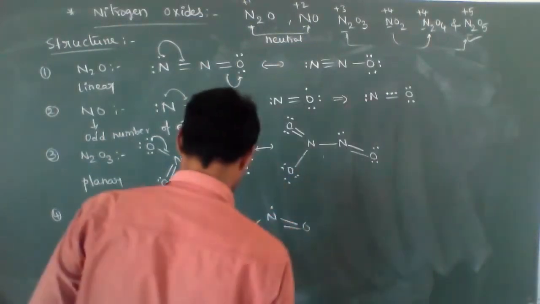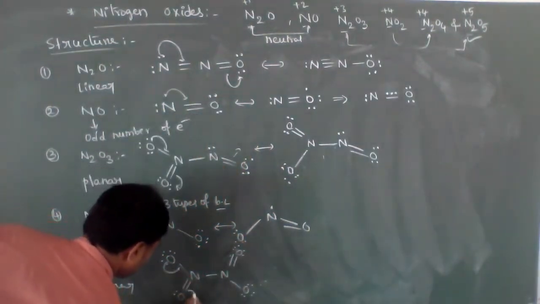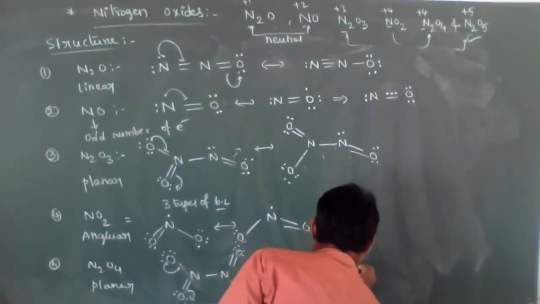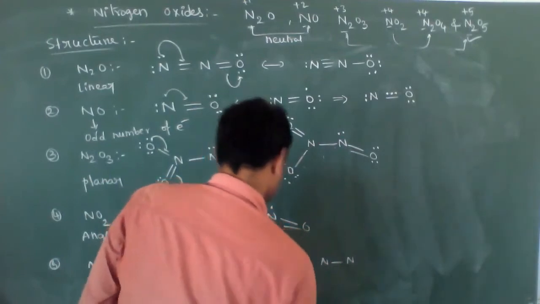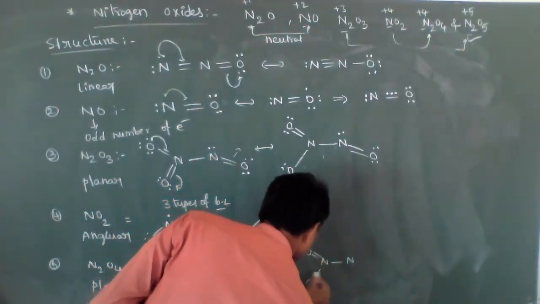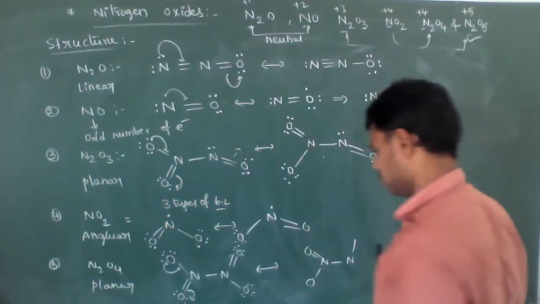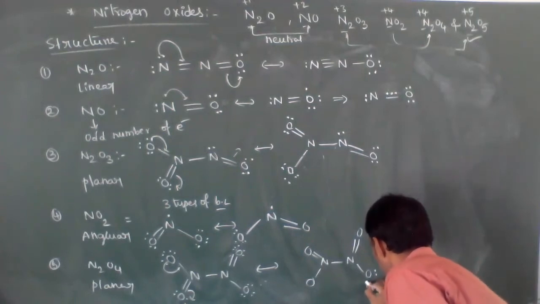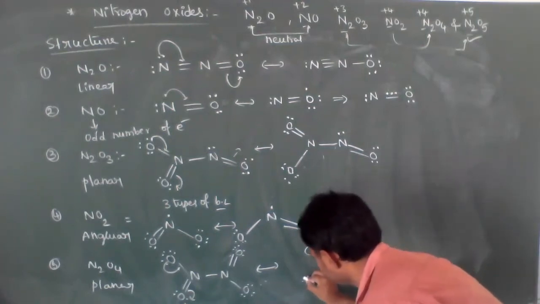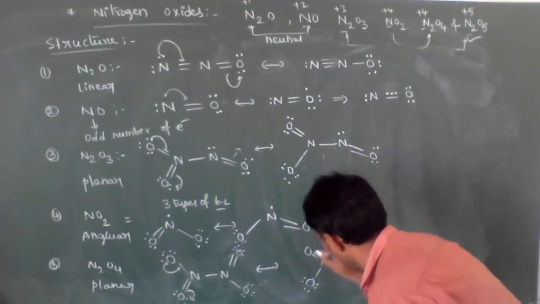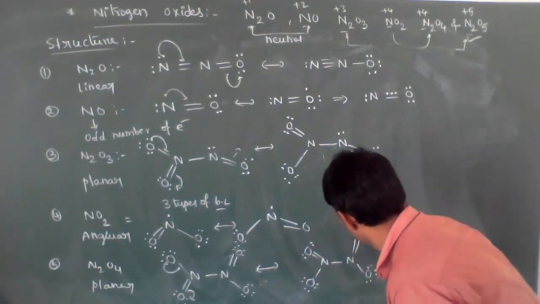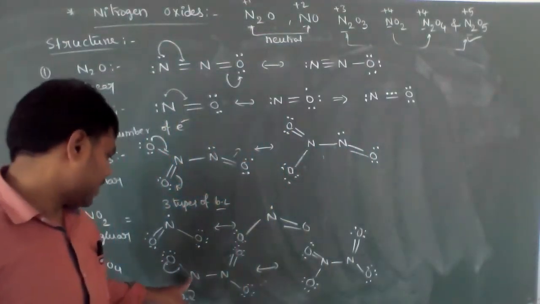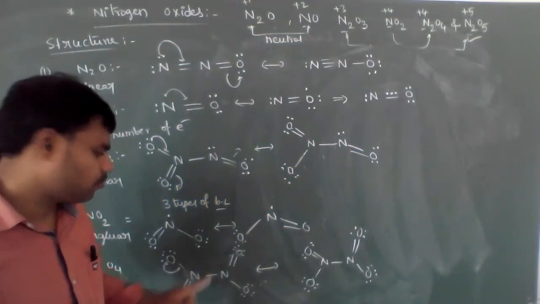Now it has resonance structures. In N2O4, nitrogen's maximum covalency is 4. 1, 2, 3, 4 bonds are present.